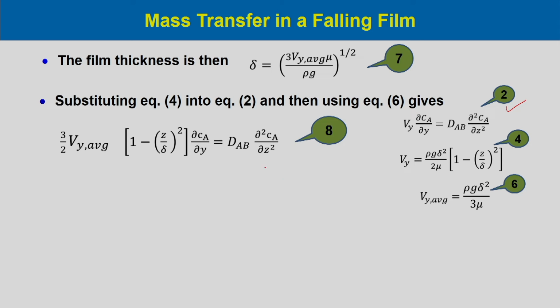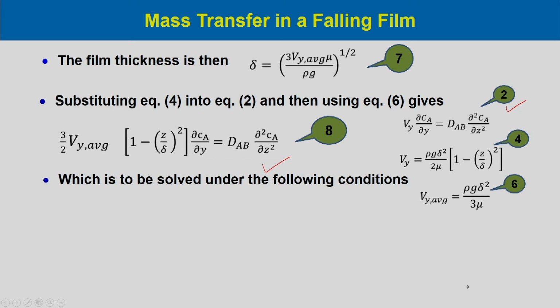So, this is the equation we can obtain, equation 8, which is to be solved under the following conditions. The condition 1 is at z is equal to 0, C A is C A I at all values of y.